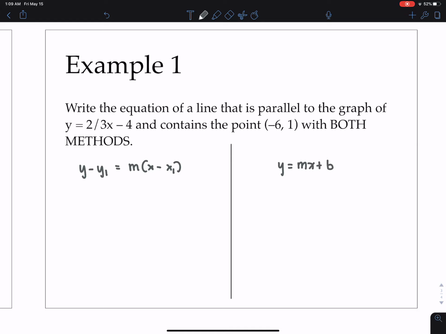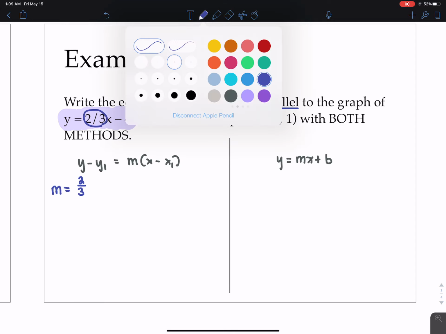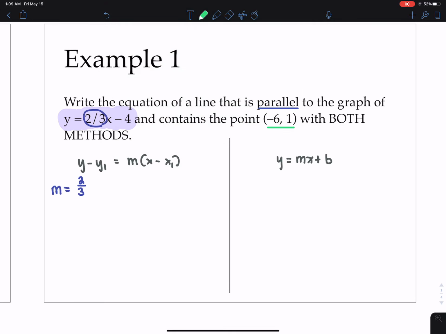Okay, so from our first line, y equals 2/3 x minus 4, if we're looking for a parallel slope, that means we're going to have the same slope. So the slope of our line is going to be 2/3. That is the only thing that you use from that line. Our new line has to pass through the point negative 6, 1.